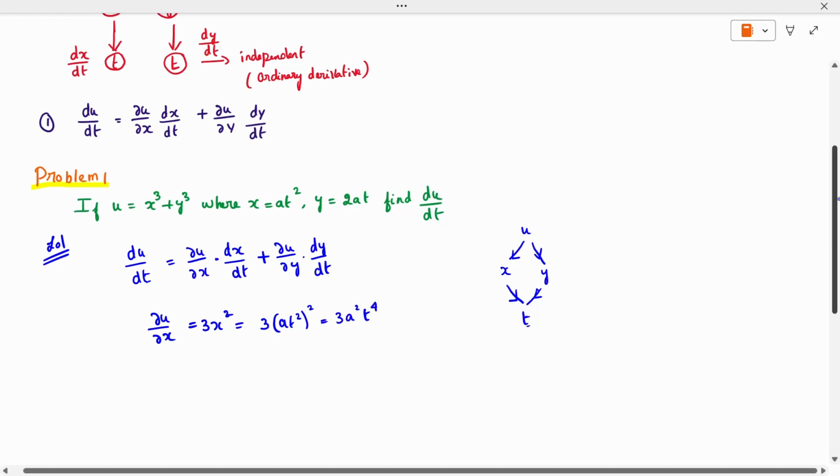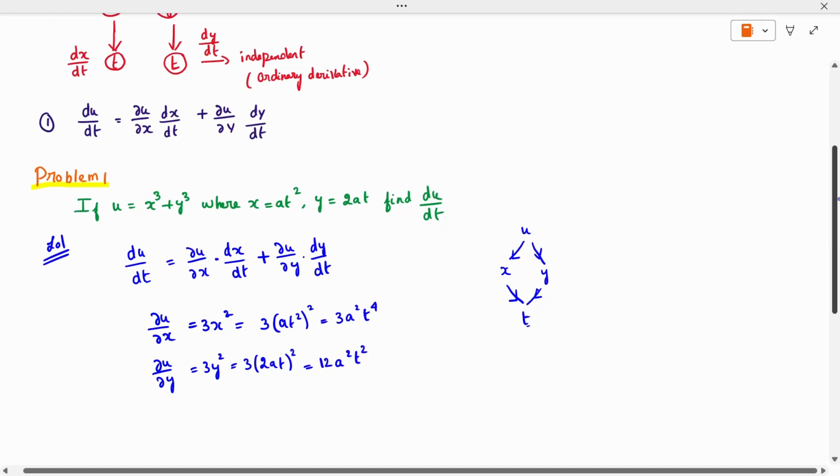Same way, dou u by dou y also I will do. 3y squared, so 3 into y squared, when I substitute, 2at the whole squared, so 3 into 4, 12a squared t squared.